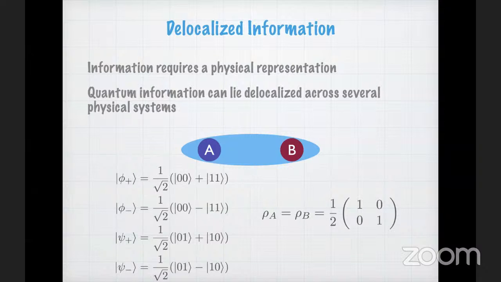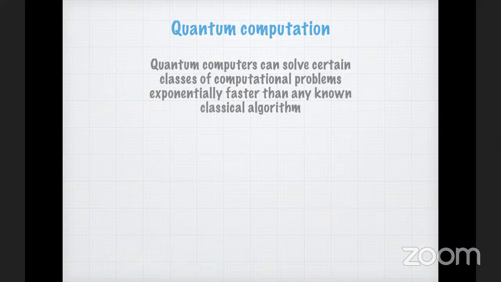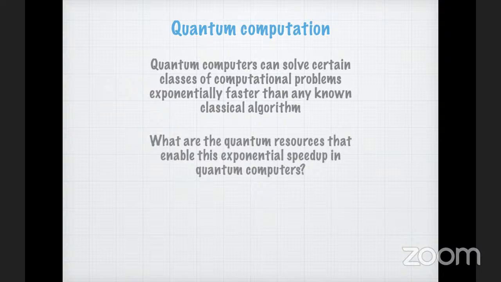This is a feature that is manifestly missing in the classical information case, where information, which requires a physical representation, ultimately also has to reside on one well-identified and well-defined physical system and not across multiple systems, for the most part. Right. And where it connects to, of course, is our familiar statement about quantum computation, which is saying that quantum computers can solve certain classes of computational problems exponentially faster than any classical algorithm.